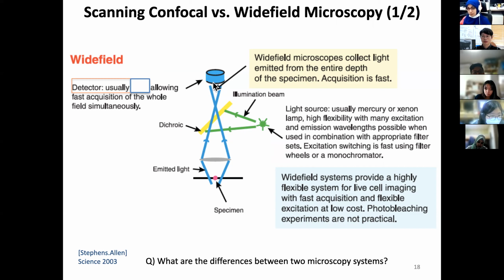So what would be a typical detector? Laxman, you're using a fluorescence microscope. What will be your detector over here? What do you use in the laboratory? Have you ever seen what's there?